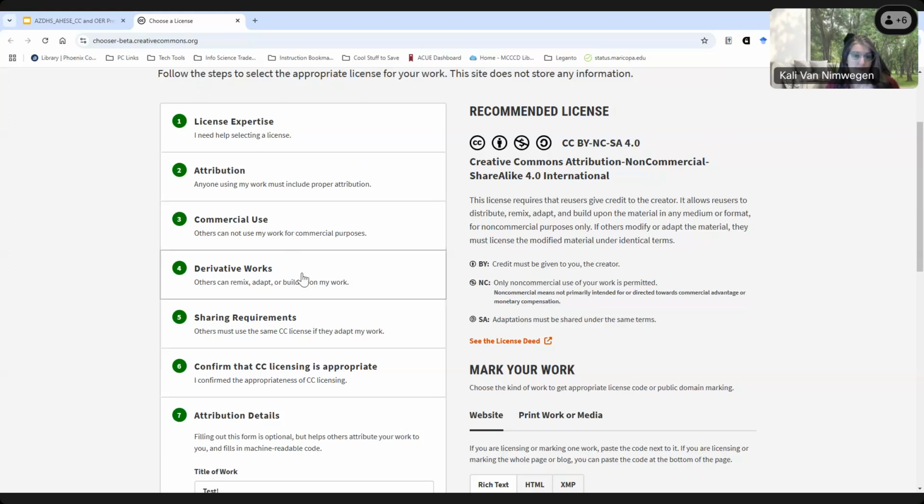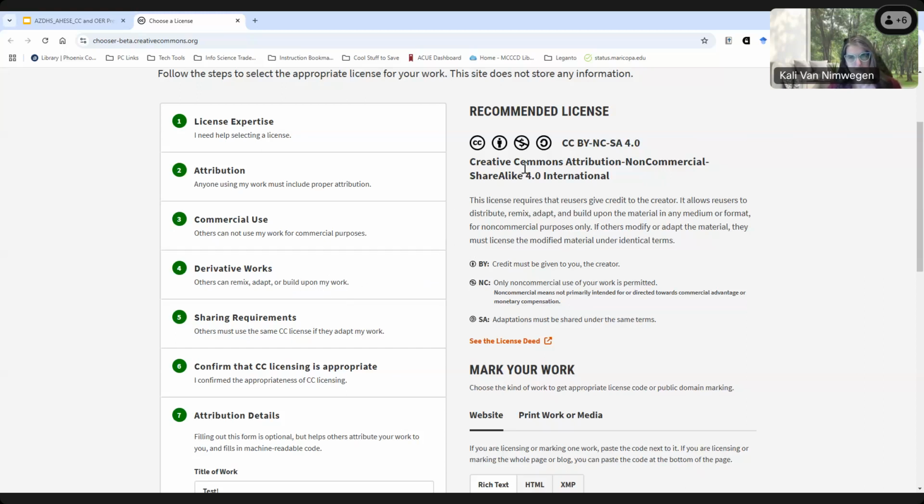When we hit derivative works, then I would say probably allow derivative works, because we are doing it in an open source book that really encourages derivative works already, allowing people to adapt, remix, and build upon the work.